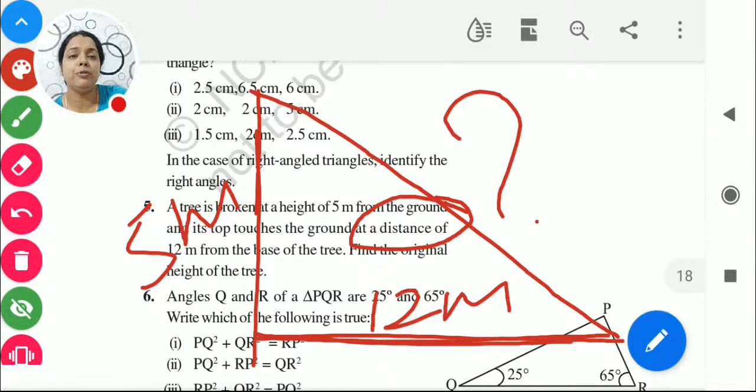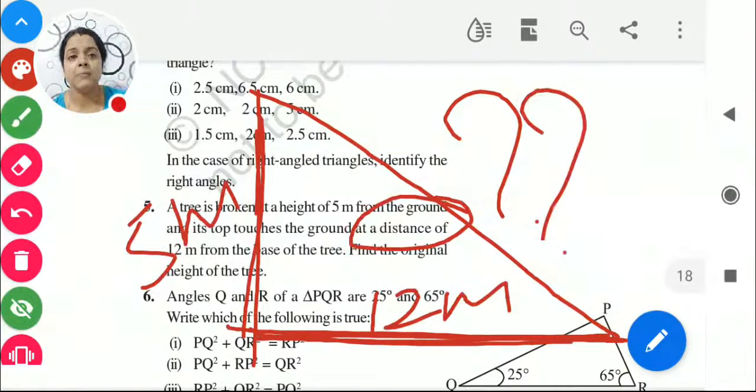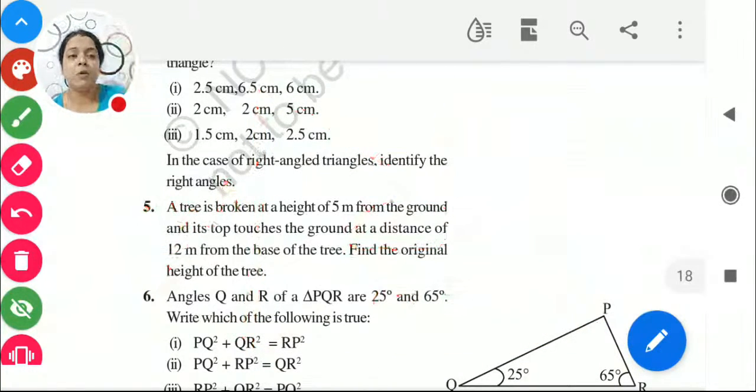Always I have told, when we talk about distance, we are basically talking about the length of the ground. So this is the height, this is the breadth, meaning this is the ground, this is the distance, and you have to find out this one.